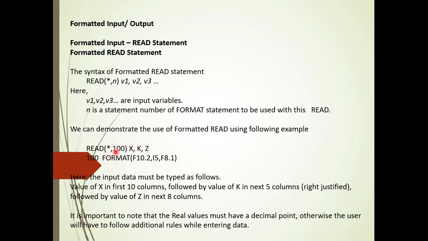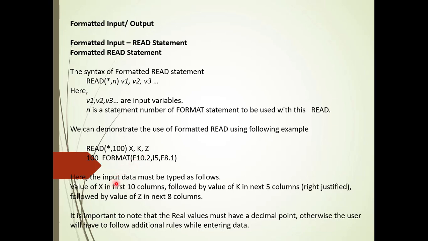So you write 100 here as a statement number, and there will be the format statement. We will be looking at the format statement very soon. But this is how the format statement is to be written here: F10.2, I5 and F8.1. This is all for X, K and Z.